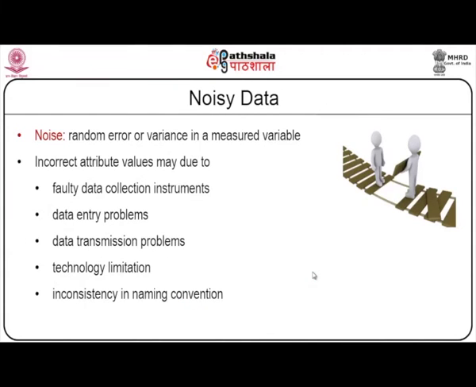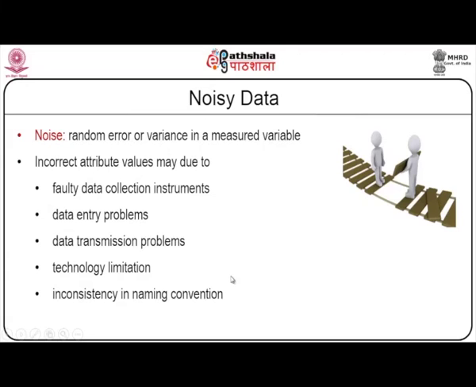Now, we will try to understand noisy data. By noise, I mean random error or variance in a measured variable. These will mostly be incorrect attribute values, and this may be due to faulty data collection instruments, data entry problems, data transmission problems, technology limitation, and inconsistency in naming convention.